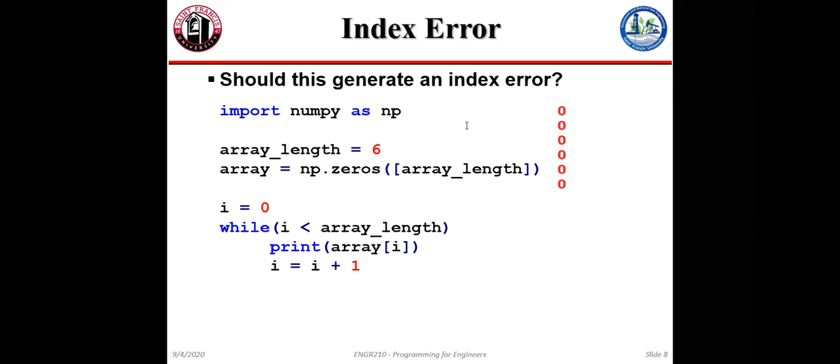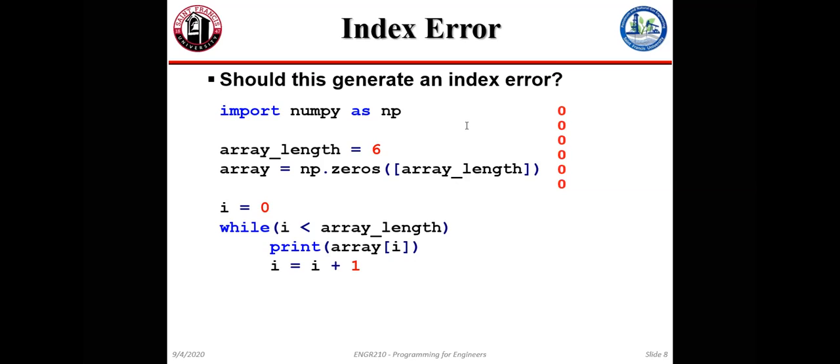The address of this guy would be 0. Address of this guy would be 2. Address of this would be 5, right? Because it's the last one in a 6-element array. 0, 1, 2, 3, 4, 5. Okay. So that's my array.